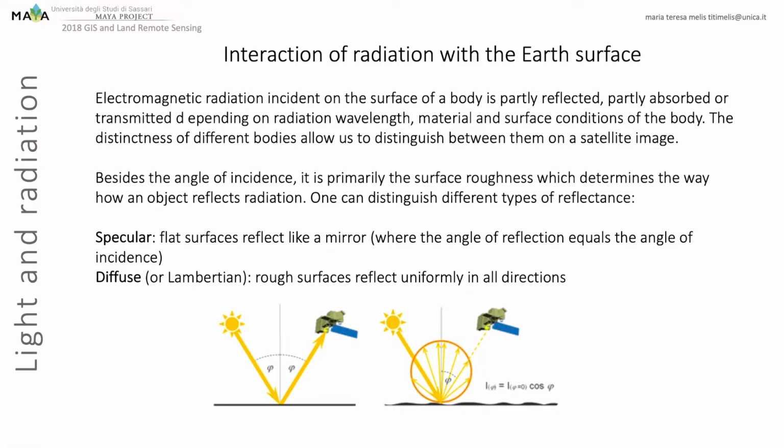One more step on the interaction of radiation with the Earth surface, because the surface is not flat, but there is some roughness. The surface has a topographic plane that is different from one point to another, and if the surface is flat, the radiation is completely reflected.